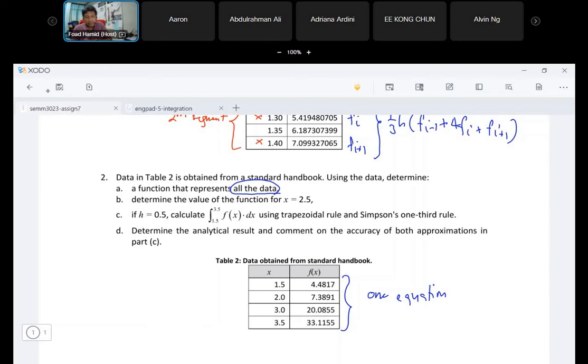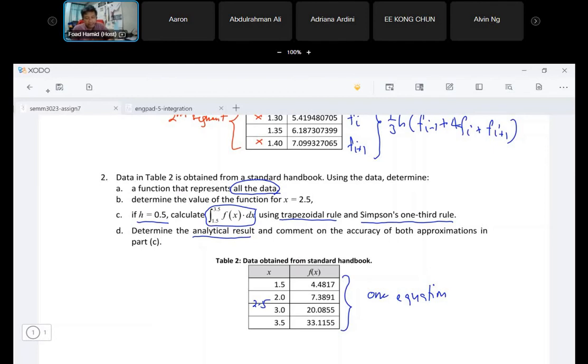And once you know the equation, find the value for 2.5. If h is 0.5, calculate the integration of the function using trapezoidal rule and Simpson's 1/3 rule. Determine the analytical result and comment on the accuracy of both approximations in part C.